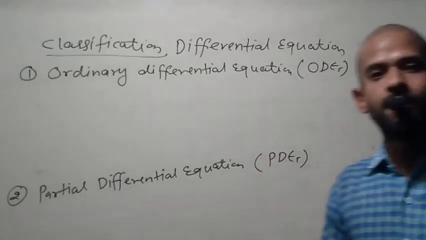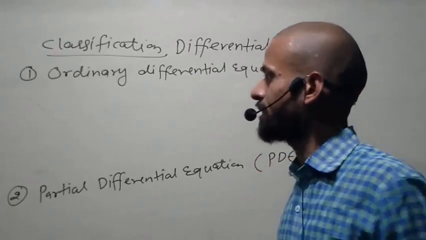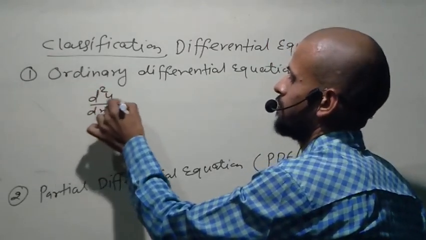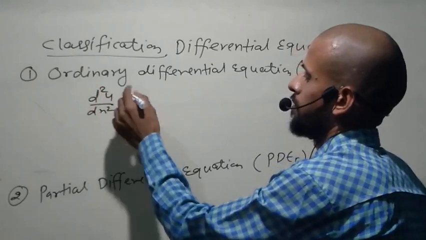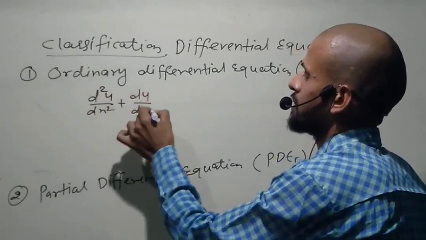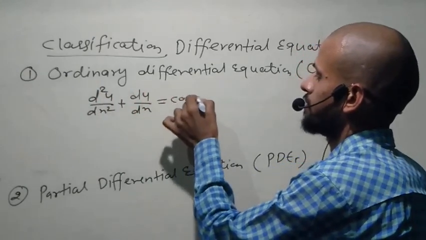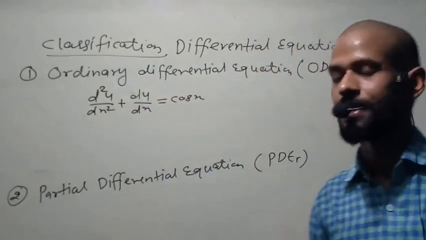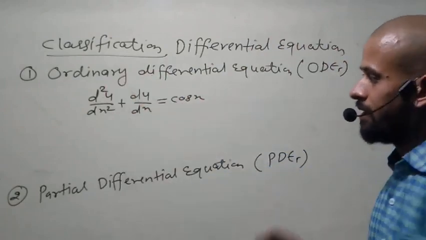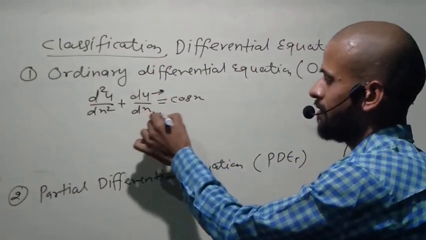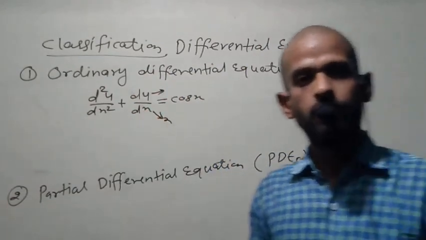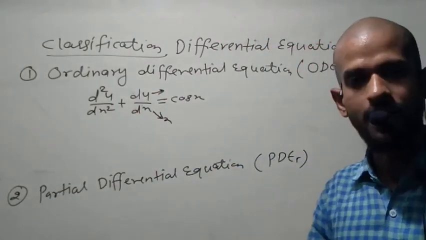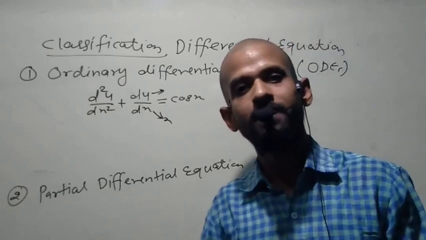Okay. Now let us consider a differential equation: d2u by dx square plus du by dx is equal to cos x. This differential equation contains dependent variable u and independent variable x. So easily we can say that this differential equation has only one independent variable.